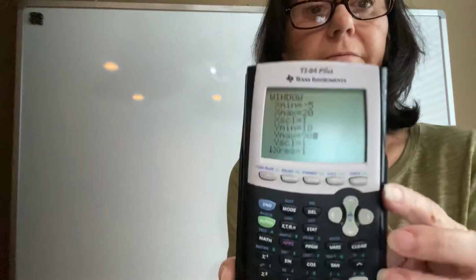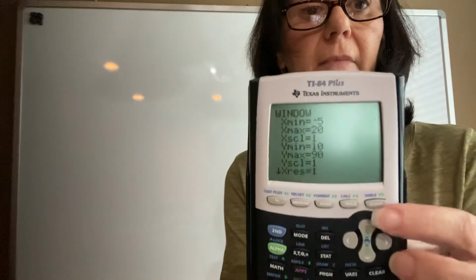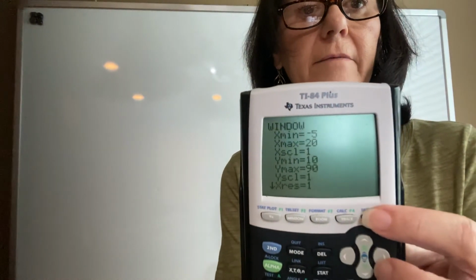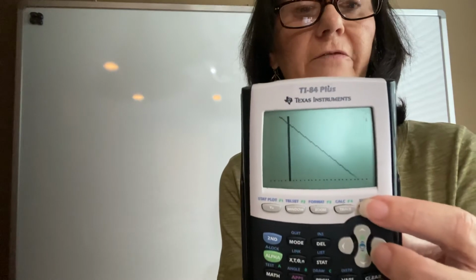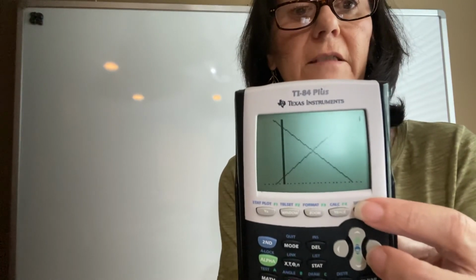So I'm going to go from 10, and my highest y value is 82. So I'll go to 90. All right. And then I'm going to graph them. That's the first line. That's the second line.